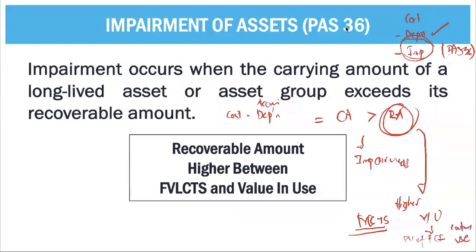So value in use, based on your continued use, you get the present value of cash flows. Get the higher between them, that's the recoverable amount. And if the carrying amount is greater than recoverable amount, impairment. Take note, there is impairment if CA is greater than RA. Once you consider that the CA is greater than RA, then we have an impairment.